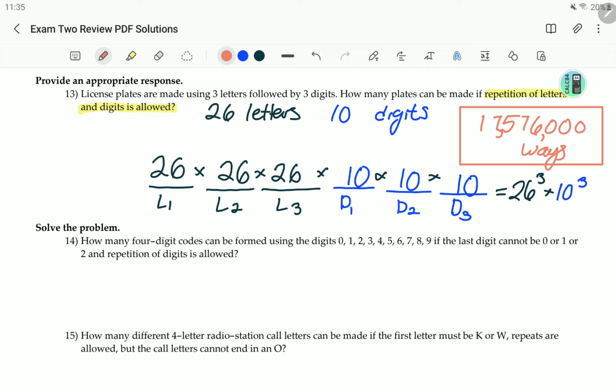Number 14 says, how many 4-digit codes can be formed using digits 0, 1, 2, 3, 4, 5, 6, 7, 8, 9 if the last digit cannot be a 0, a 1, or a 2, and repetition of the digits is allowed? Okay, so a 4-digit code.